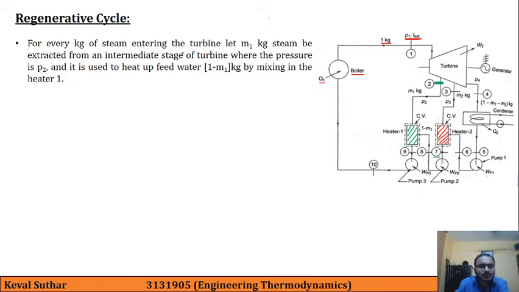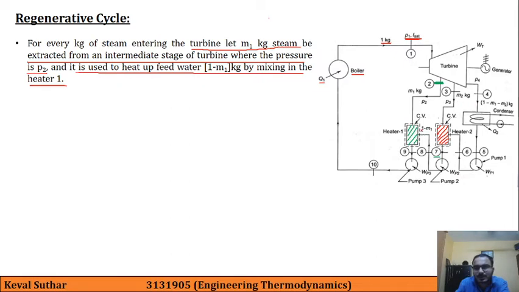For every kg of steam entering into turbine, let m1 kg of steam be extracted from the intermediate stage of the turbine where the pressure is P2. So we are discussing this point number 2, and it is used to heat up the feed water 1 minus m1 kg by mixing in heater 1. That is, we are discussing about this portion.